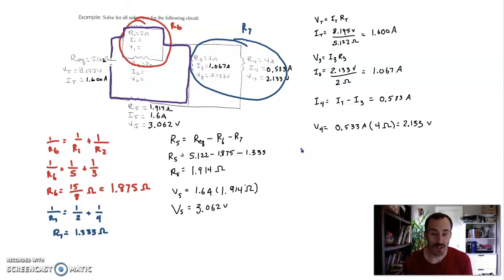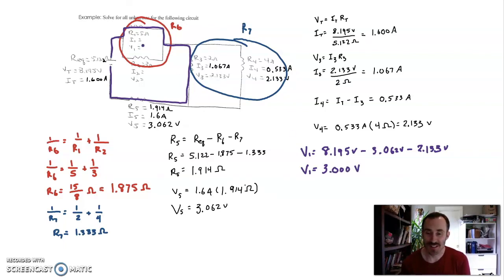So V1 is going to be equal to 8.195 volts minus 3.062 and minus 2.133. And so V1 is equal to 3 volts on the nose, or 3.000 if you want to stick to the 3 decimal places thing. So this is 3 volts.